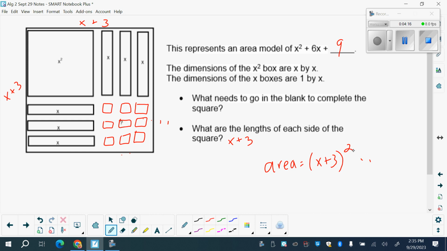Because we couldn't configure it any other way to make a square. What would happen if we did, say, 2 x's here and a 4th x here? It would not be a square, it would be a rectangle. It's going to cut off over here, and then it's going to be longer here, and it would make a rectangle. And these numbers would be different here.